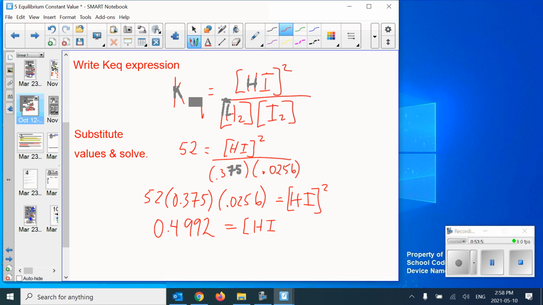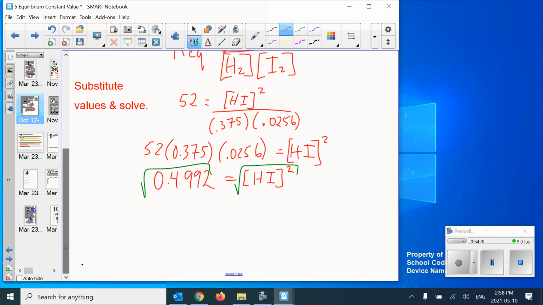HI squared. Undoing a square means square root. Unless somebody's verifying, I'm not verifying these calculations.